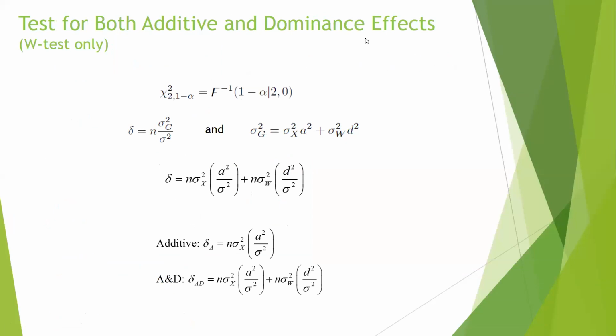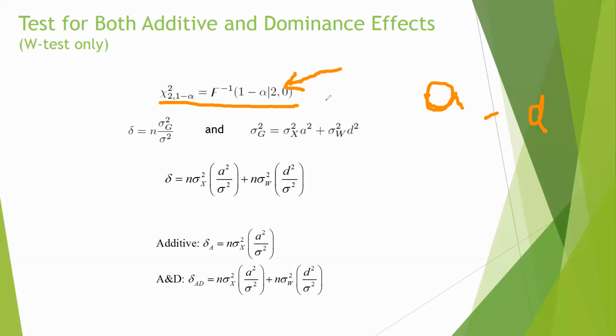Okay, all right. Now, if we want to test each genetic effect, either the additive effect or the dominance effect, we can use this as a null distribution, right?